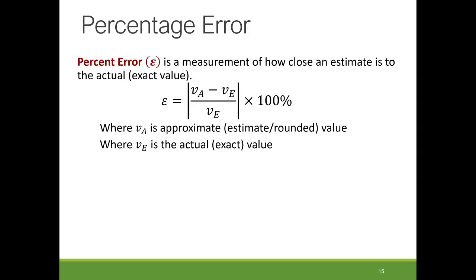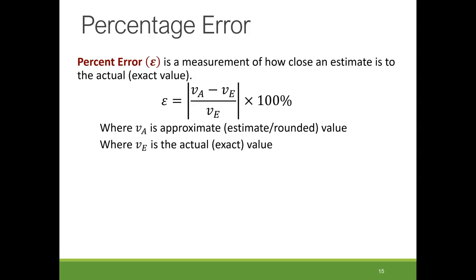Well, that error is going to be the experimental value, or the approximate value, the one that I got from doing the process, minus the expected value, the known value, the value on the label of my medicine tablet, divided by the known value.